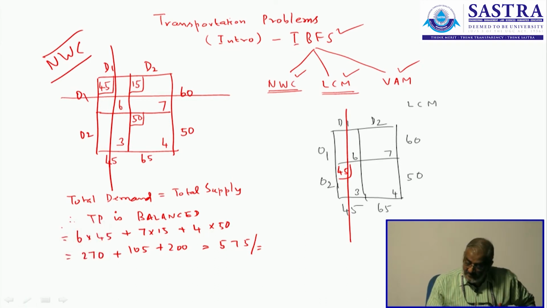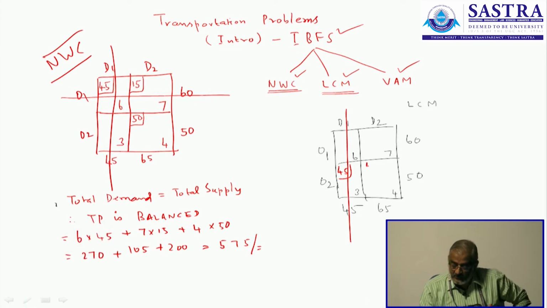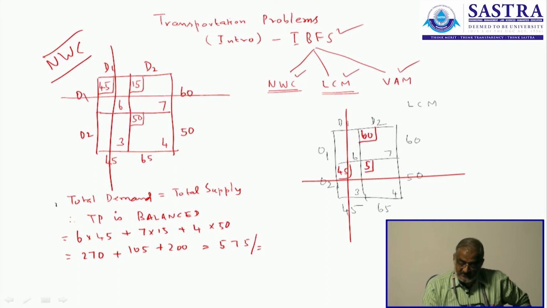So supply the 5 units. Now 45 plus 5, 50, is satisfied, so cross this. The next least cost is 7, where the demand is 65 minus 5, which is 60. 60 is available here, so simply supply the 60 here.